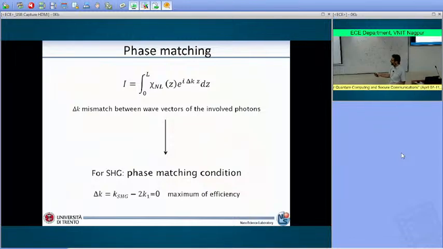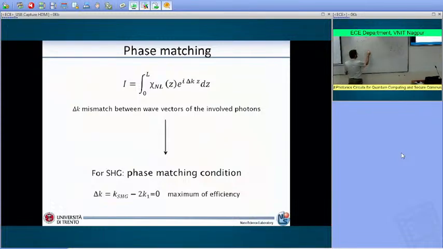Delta k is the critical parameter that measures the mismatch between the wave vectors of the involved photons. Meaning that in addition to the energy conservation, I also need a conservation property associated with the momentum of the photon.